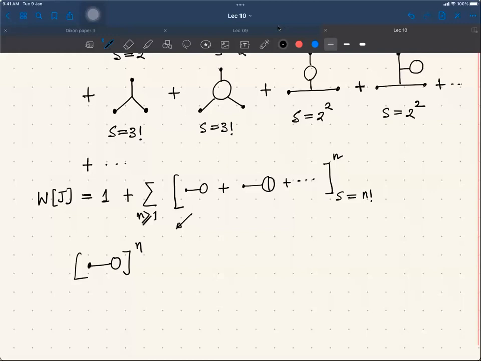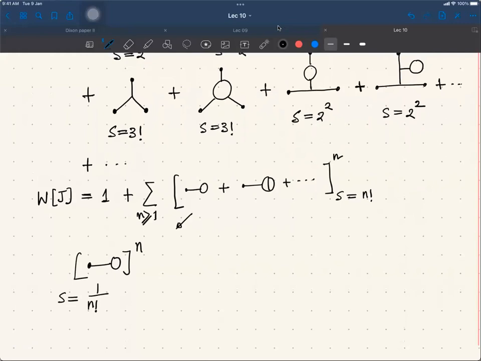So you have to do a linear binomial expansion of the entire series and get individual terms. For example, one term will be this to the power n, and that term will have a symmetry factor, of course, 1 over factorial n times that individual diagram.